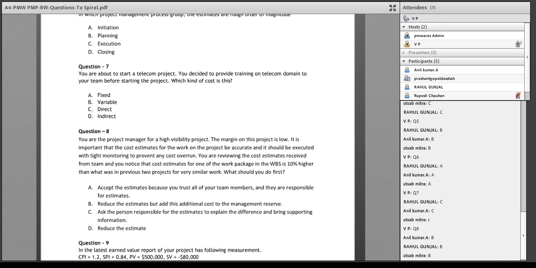Okay, it is saying you are the project manager for a high visibility project. The margin on the project is low.